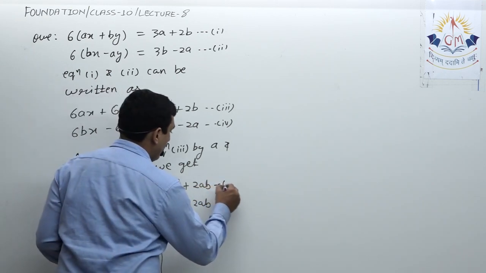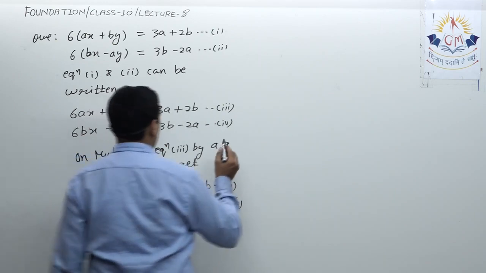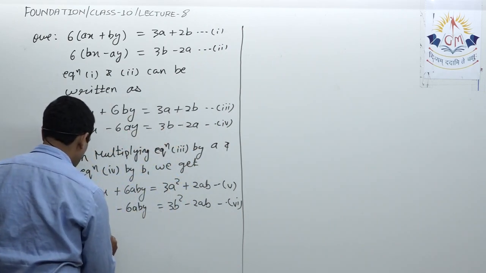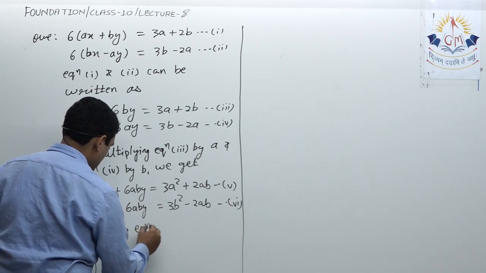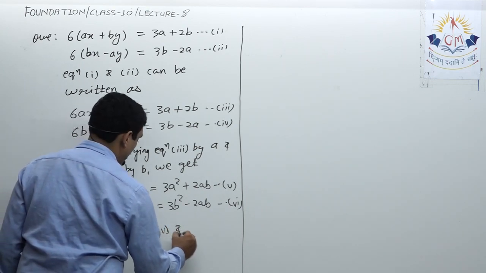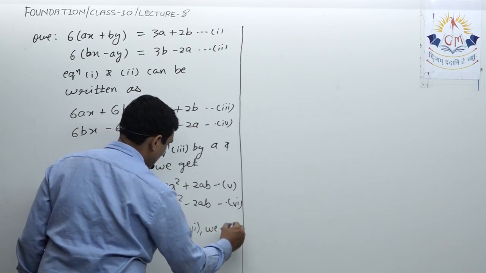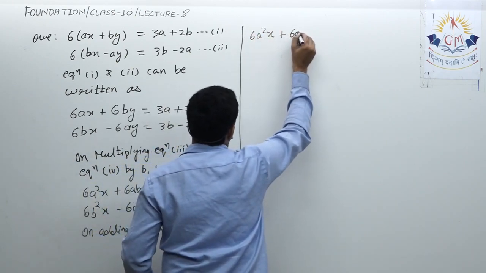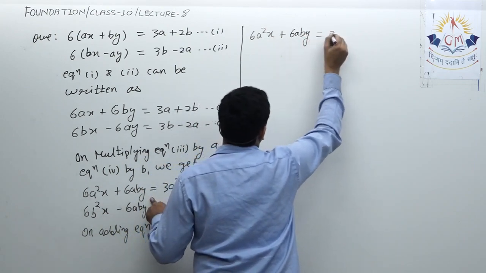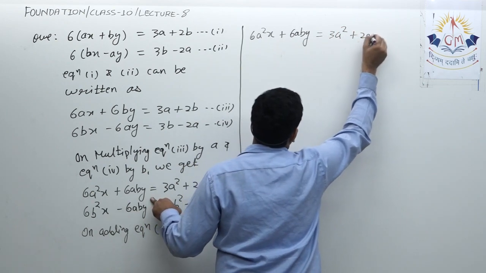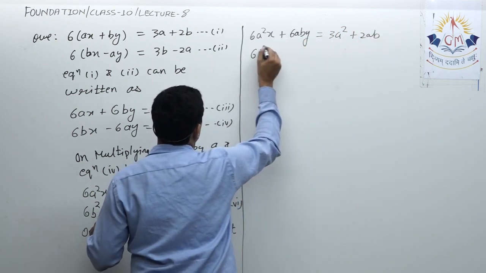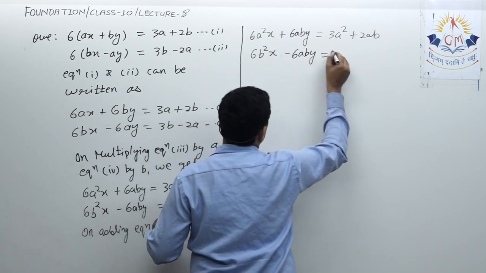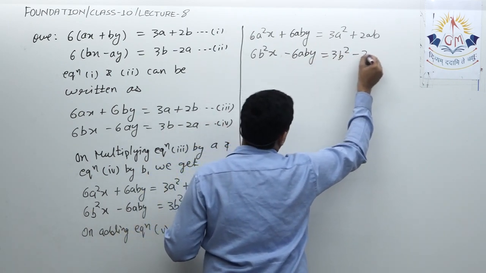Okay, now simply I will add these two equations. On adding equations 5 and 6 we get: 6a square x plus 6aby is equal to 3a square plus 2ab, and 6b square x minus 6aby is equal to 3b square minus 2ab.